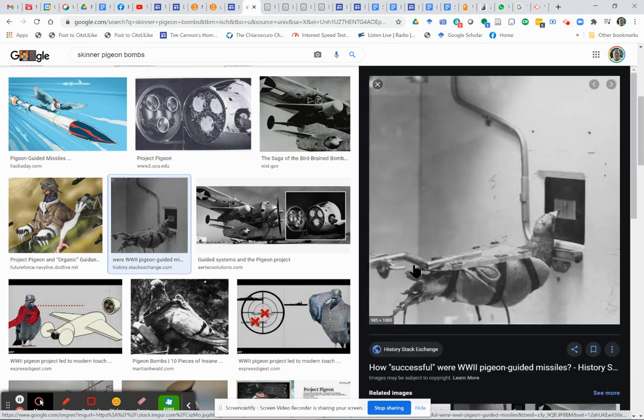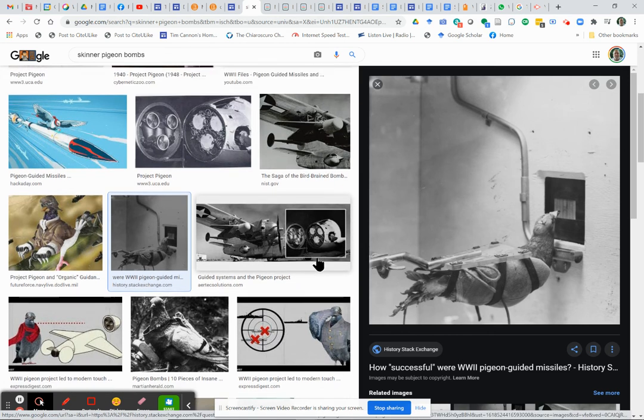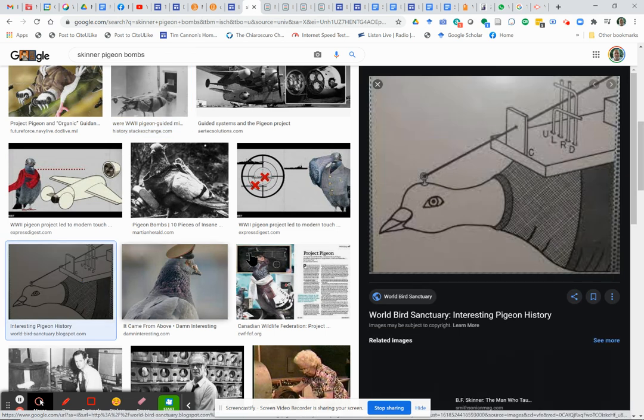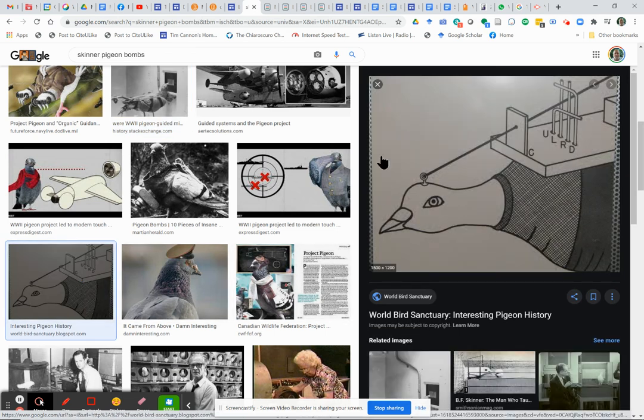So the pigeon had a rig on. It wasn't this extensive, and it was actually connected to its head. So if there we go. So if the pigeon looked right, the wire connected to its head would pivot through this hole, and the wire would contact one of four contacts.